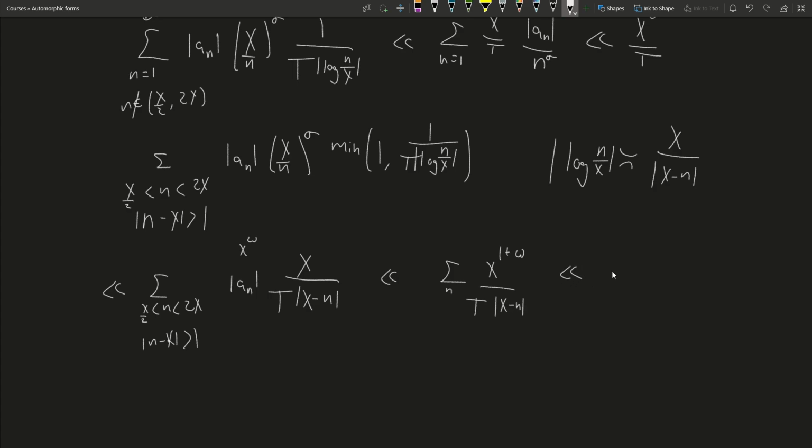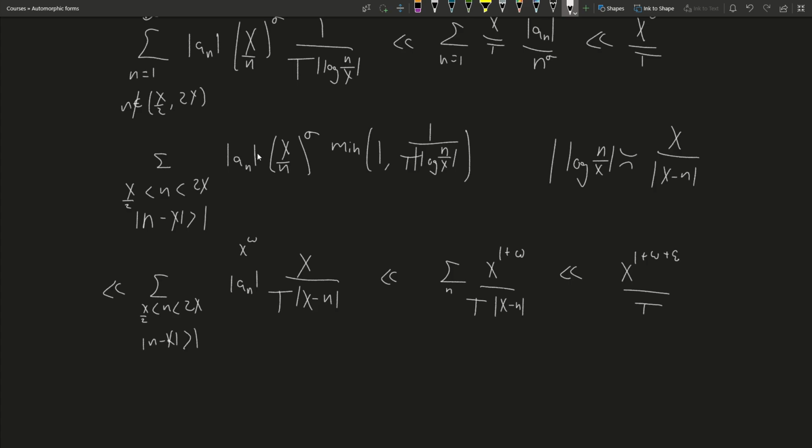So this is going to be less than x to the 1 plus omega plus epsilon over t. Again, just essentially thinking of integrating in n here, so we get basically a log x, and I'm just going to write that as x to the epsilon. And then we still have to deal with the handful of terms where n is within an integer of x, and there we can use the min 1 part, and we get just an x to the omega.